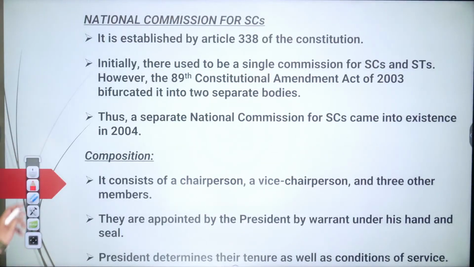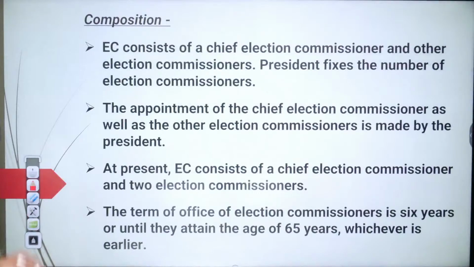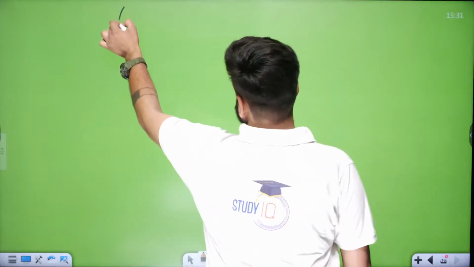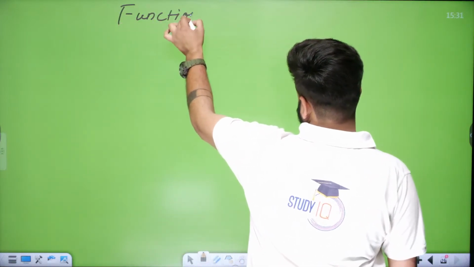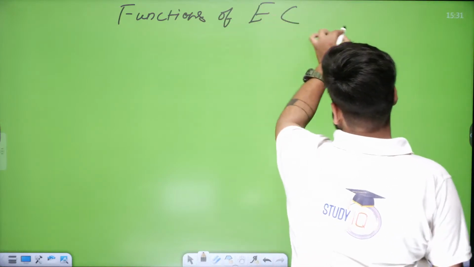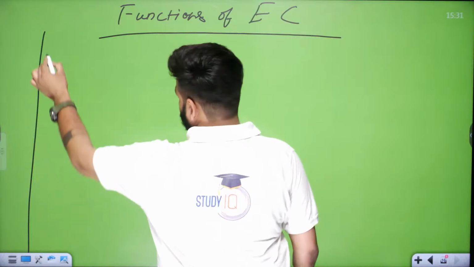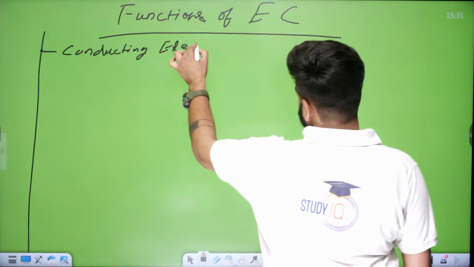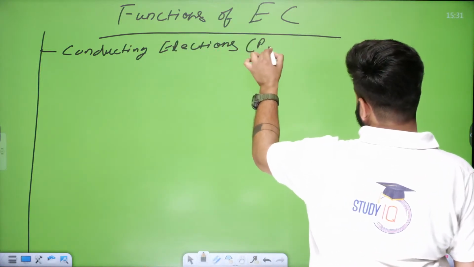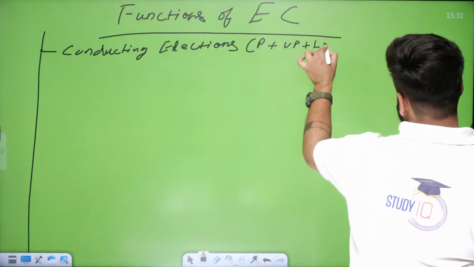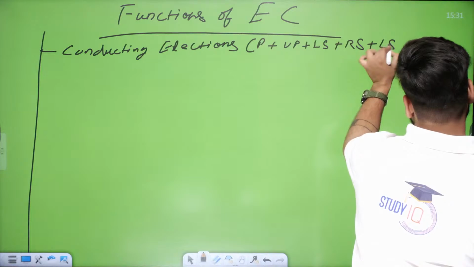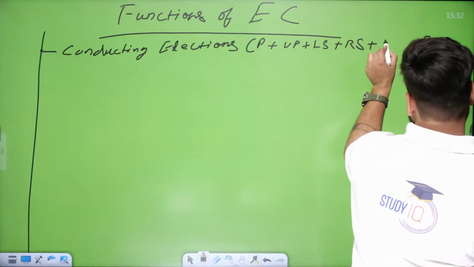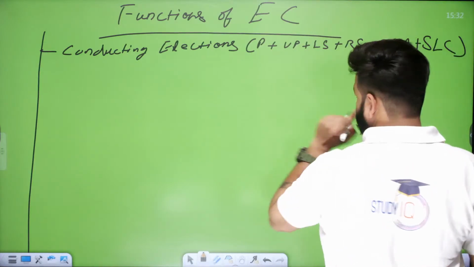When we talk about the functions of the election commission, obviously the first one is clear: conducting elections. Elections for whom? President, Vice President, Lok Sabha, Rajya Sabha, state legislative assemblies or state legislative councils. So these are their functions. First, conducting elections.